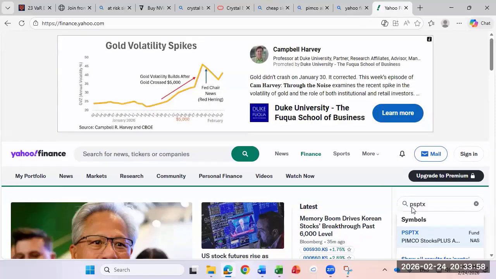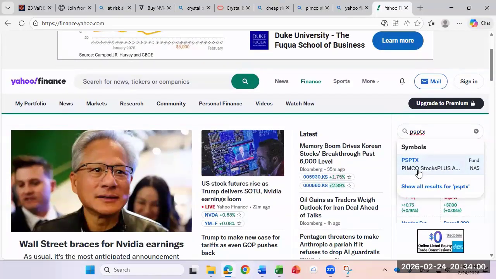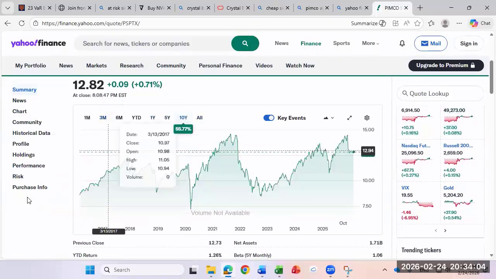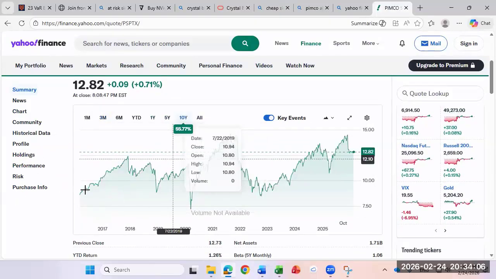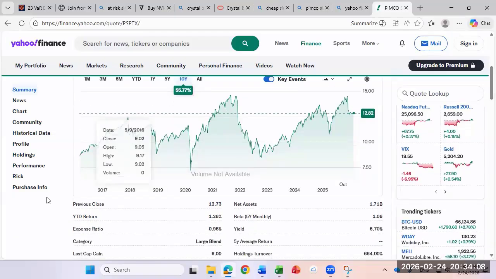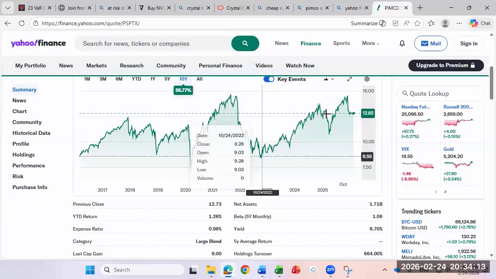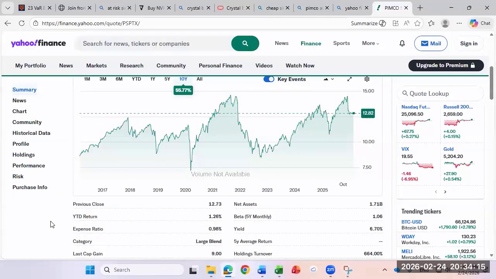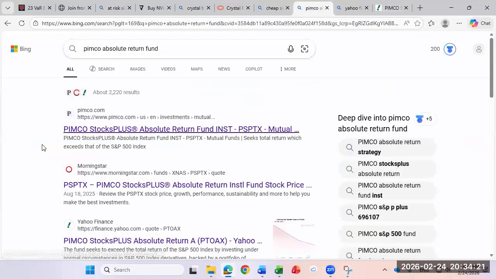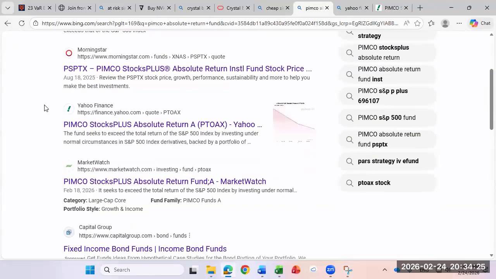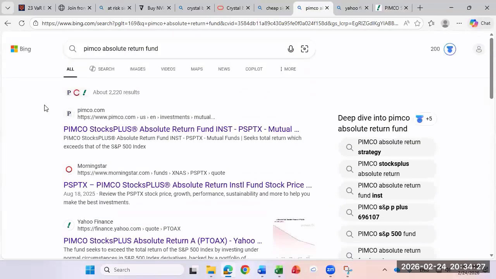PSPTX. Does it look like it ever lost money? That looks like a loss to me. But absolute return funds, they're trying to give you kind of a T-bill plus a spread. That seems to be their biggest one.